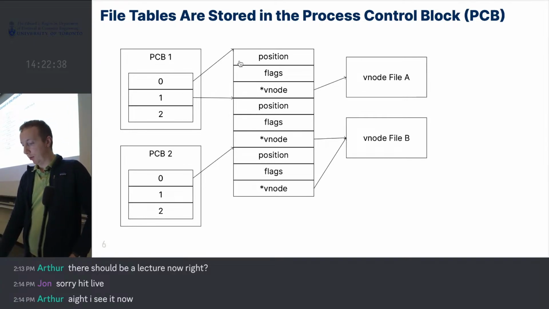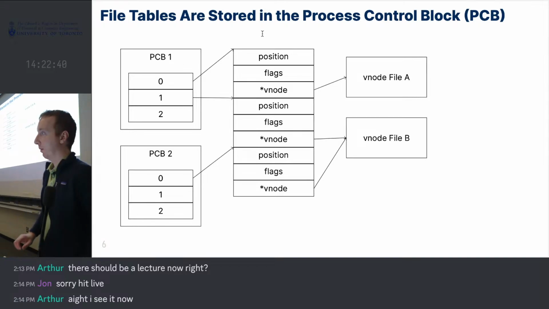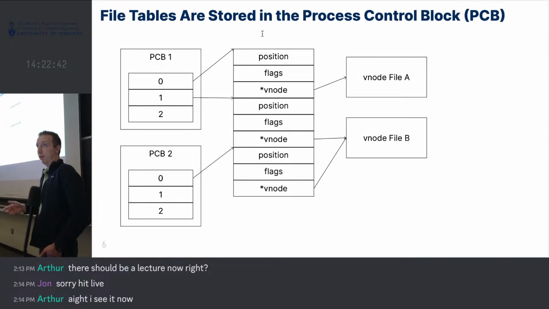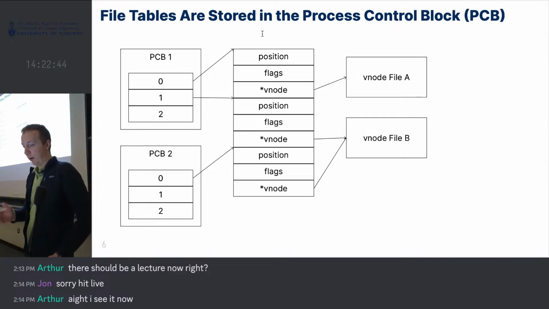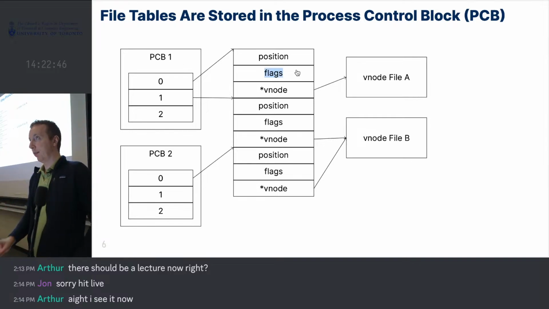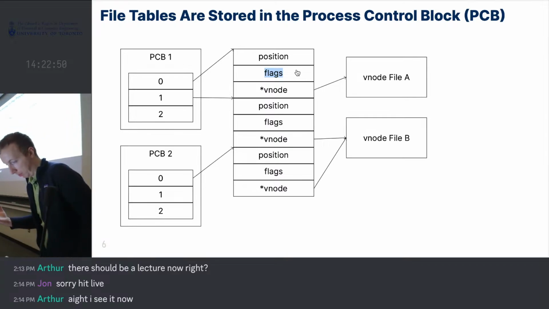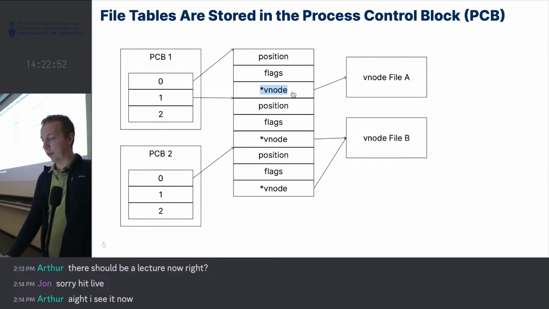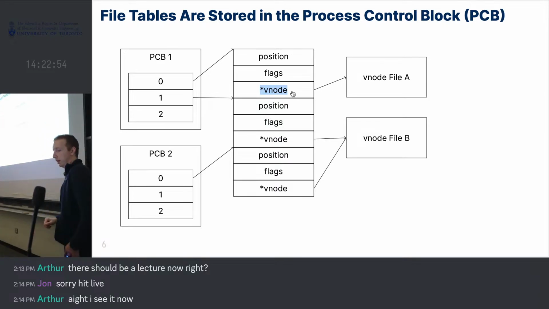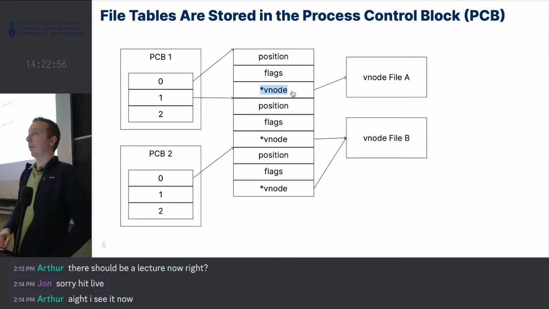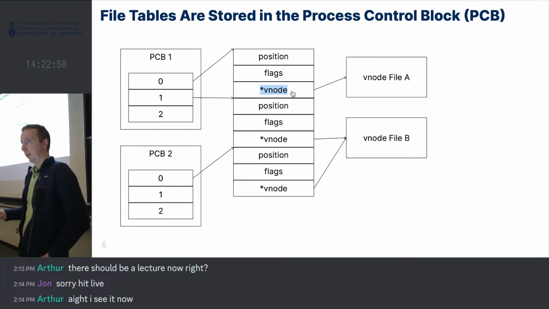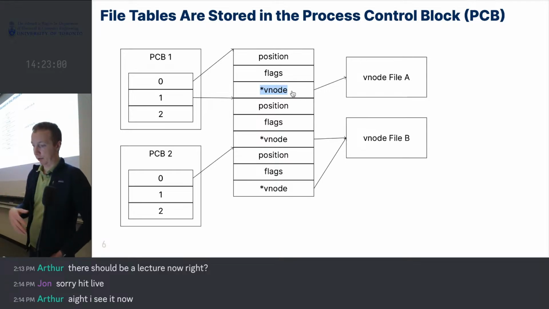They will point to a structure that keeps track of the current position that this file descriptor is currently at in this file, and the flags. So if I have it open for read write, write only, or read only, and then this thing called a pointer to a vnode. And a vnode just represents any resource that you can actually read and write bytes from.